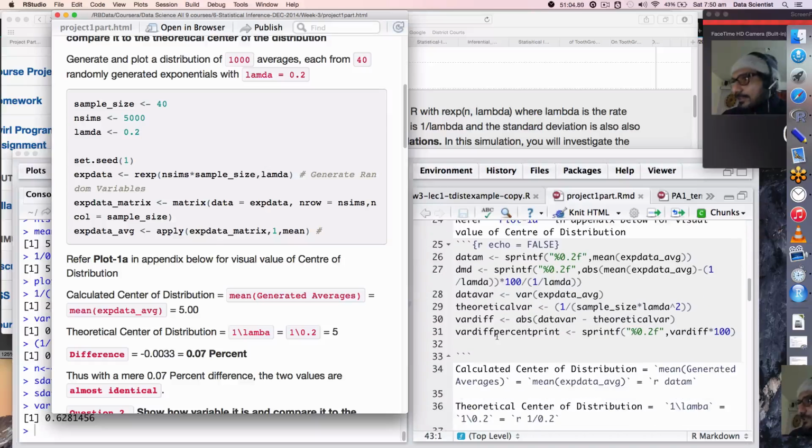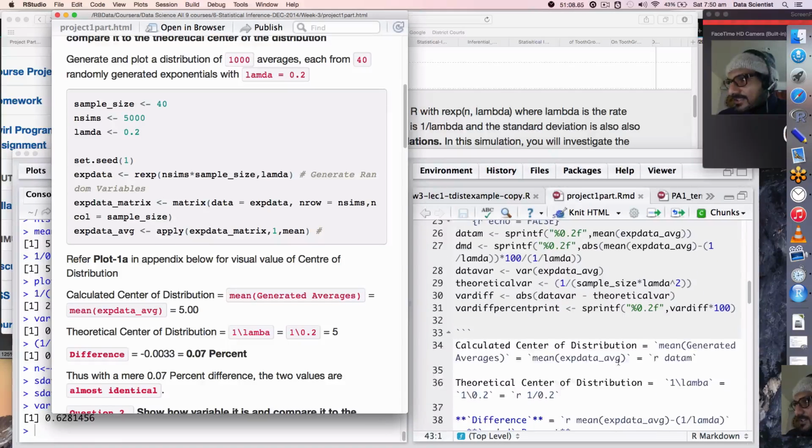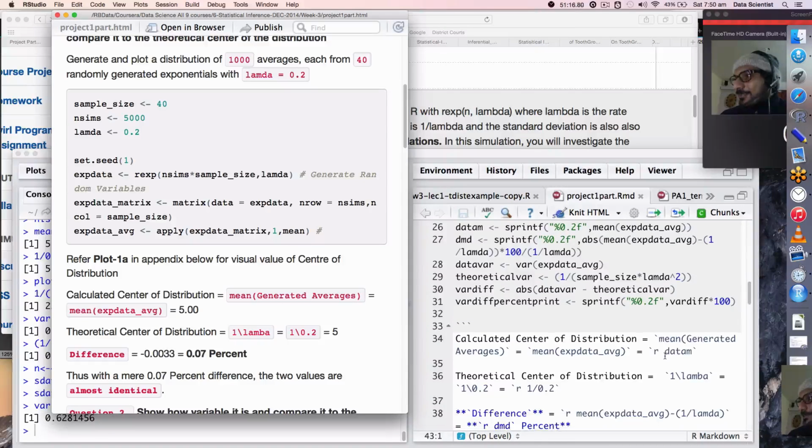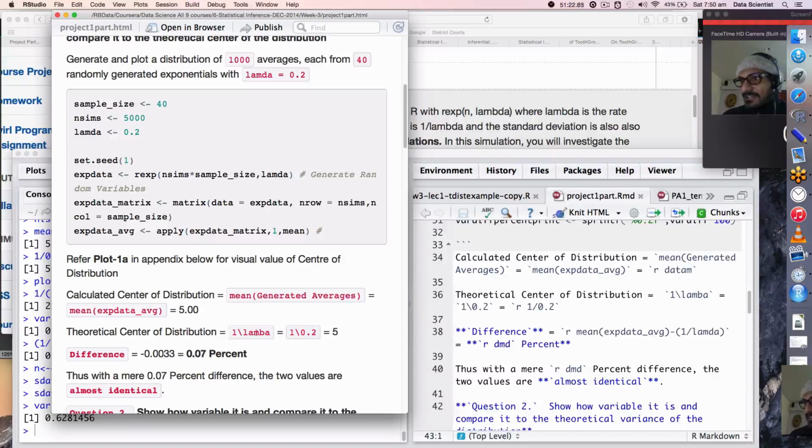Now the next thing that I do: in reproducible research, if I use a backtick and then I say R and then an expression, it will compute that expression. So instead of data M, it will replace it by the value of data M. Similarly, in this part I say 1 by lambda, which is nothing but 1 by 0.2. This is what I want to write as it is, and then I say R 1 upon 0.2.